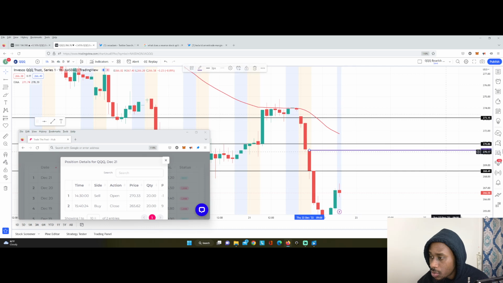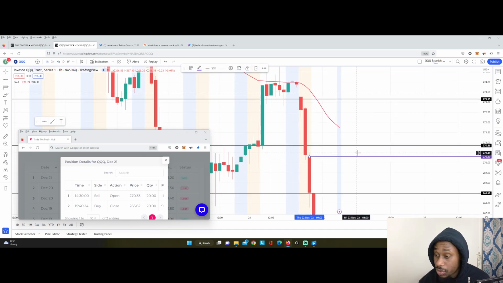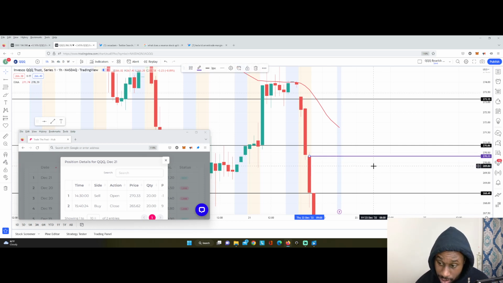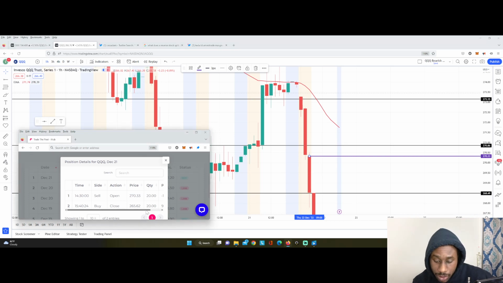So my entry was 273.3. That was definitely the open of the market, because red candles open at the top and close at the bottom. And that was where I opened this trade for 20 shares.